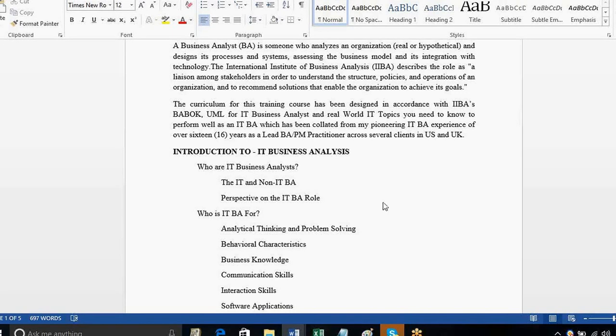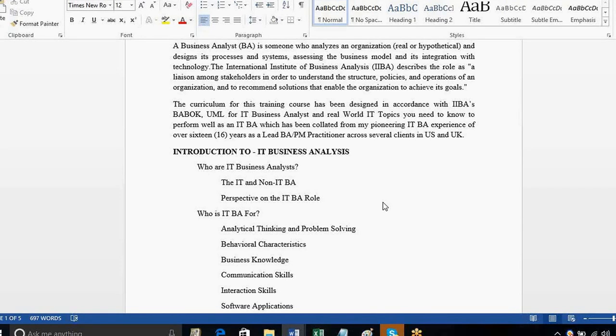So being a requirements analyst is a major part of what an IT business analyst does. Who is this course really for? That's something I wanted to talk about here. It's somebody who can think out of the box, and who is really good at analytical thinking and problem solving, because they need to understand the big picture.